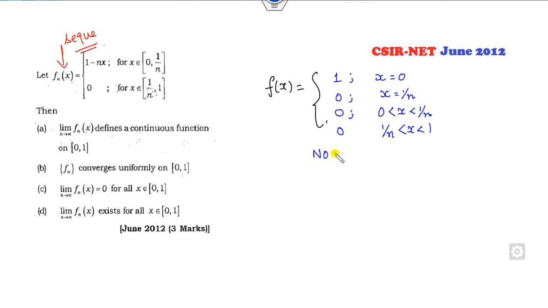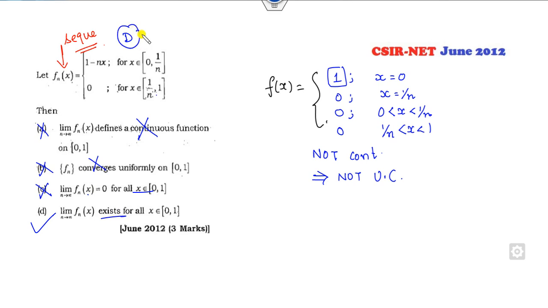Again, you can see it is not continuous. So the first option is cancelled. If it is not continuous, is it uniformly convergent? No, it is not uniformly convergent. The limit is 0 for all x, but we get a limit of 1 which is non-zero. So this option is also cancelled. Limit exists for all x is the correct answer.